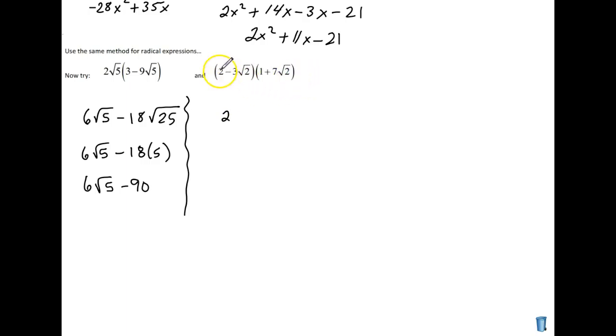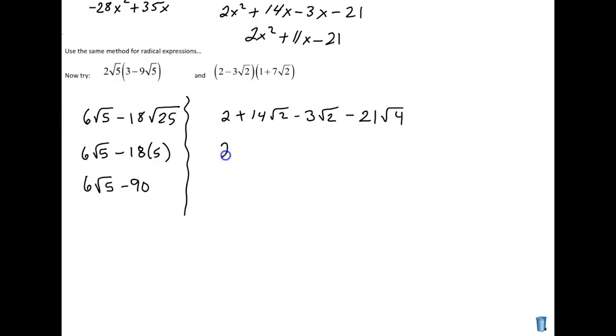Outside is 2 times 7 square root 2. So that becomes 14 square root 2. Our inside becomes negative 3 square root 2 times 1, excuse me, not square root 3. And then our last becomes negative 3 square root 2 times 7 square root 2, so that's minus 21 square root 4.